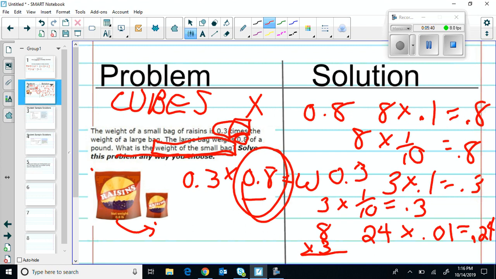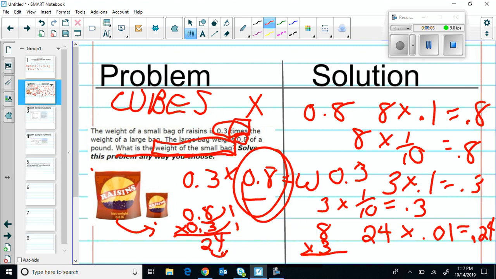That's one way you solve this problem. Now another way is just the standard algorithm way that many of you may be used to and prefer. I'm running out of room, but I'm going to do it over here. You could take 8 tenths times 3 tenths, and you would get 24, and then it's decimals over 1 place there and 1 place here.